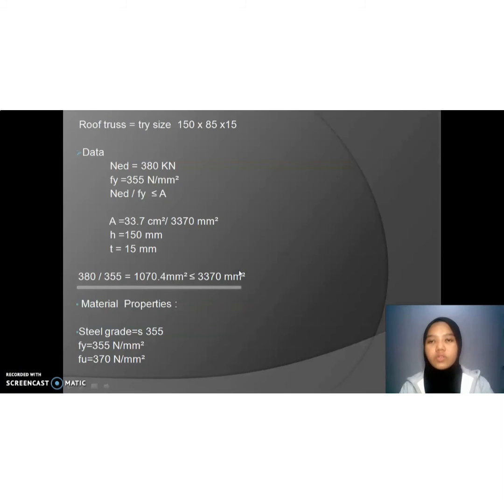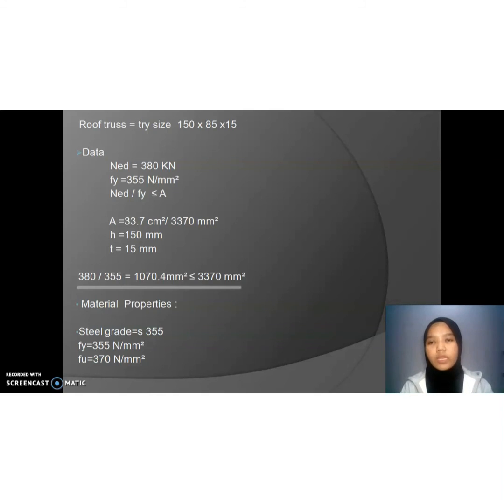For the roof truss, the truss size is 150 multiply 85 multiply 50. For the data, NED equals 380 kilonewton, and for the FY, 355 Newton per millimeter square.